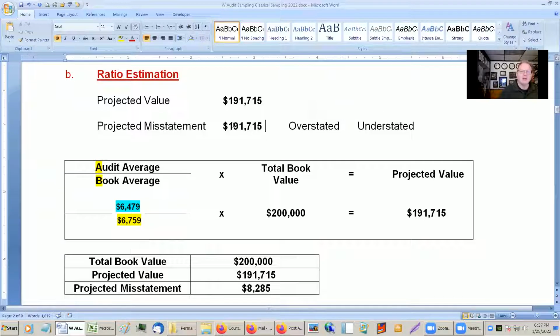That's a little bit high. All right. And overstated, understated, what do you think?